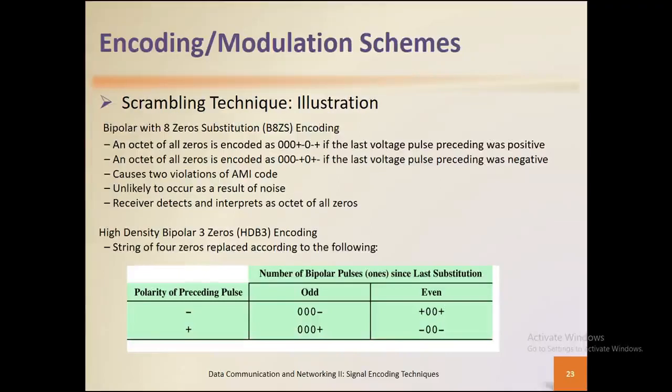The encoding scheme commonly used within the European and Japanese markets is the other version of the scrambler, which is the high density bipolar 3 zeros encoding.